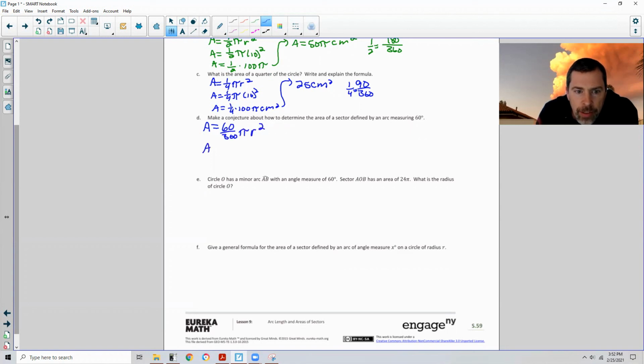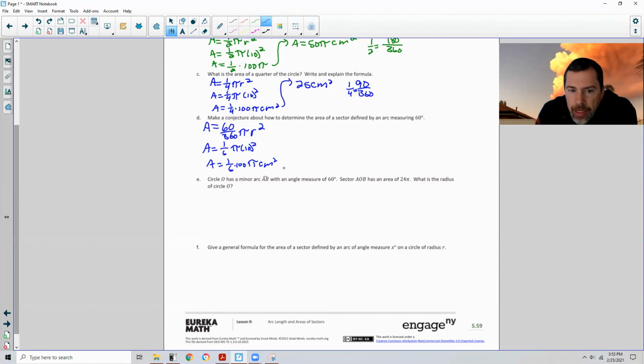So area equals 60 divided by 360, which reduces down to 1/6. 6 goes into 36 6 times. It'd be 1/6 pi 10 squared. So that would equal 1/6 times 100 pi centimeters squared.